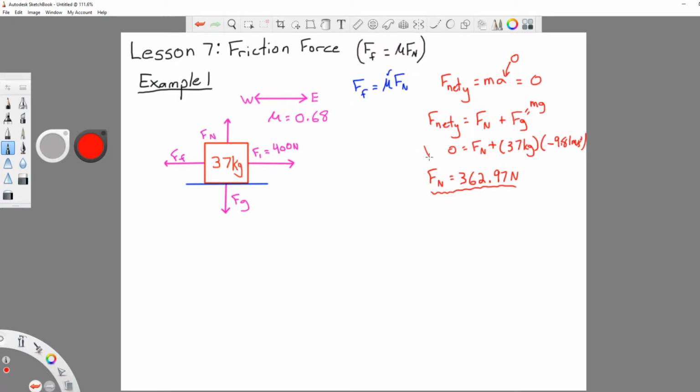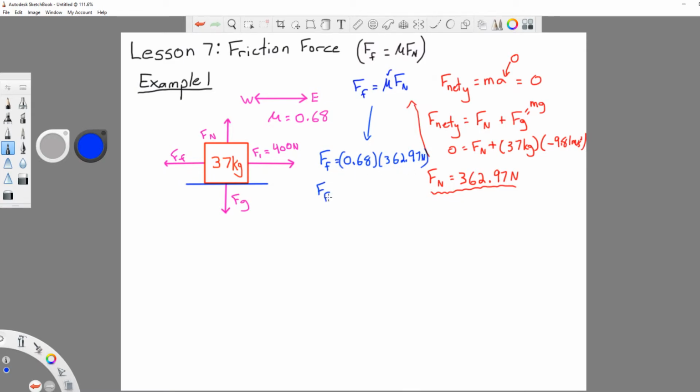All right, we've got normal force, which can feed into there. So let's get our blue marker out here again and say that force of friction is equal to our coefficient of friction, 0.68, times 362.97 newtons.